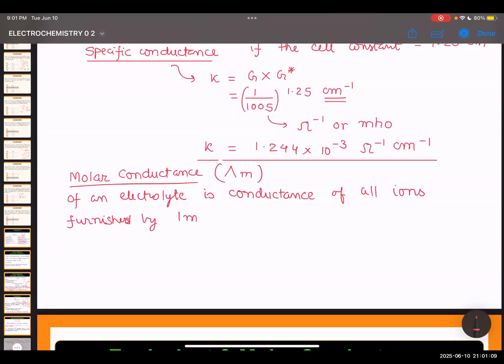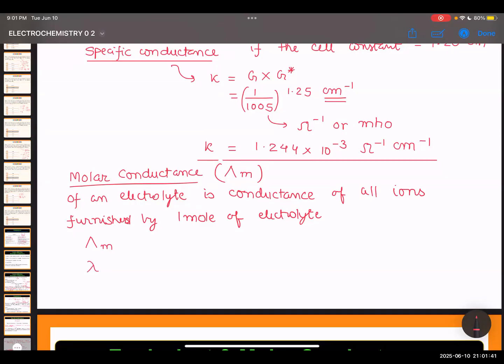All ions I am writing because it may dissociate. For example, if you talk about 1 mole NaCl, I will put the subscript. This is lambda, be careful.